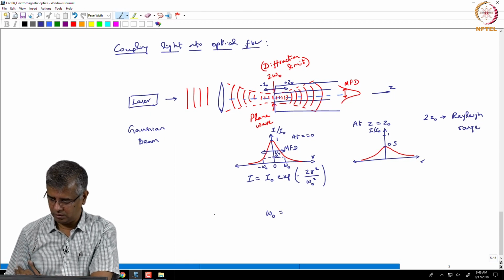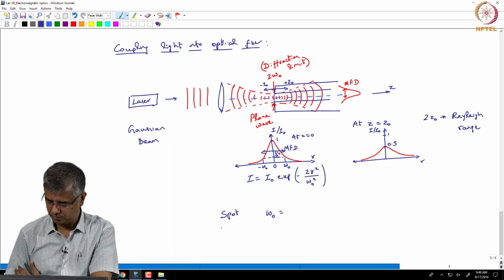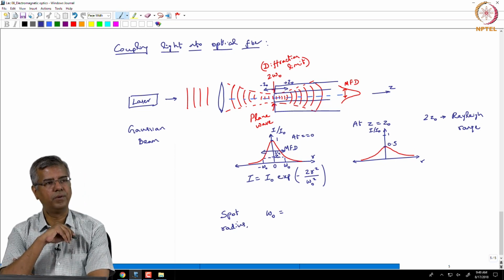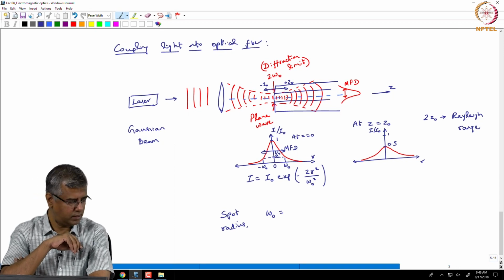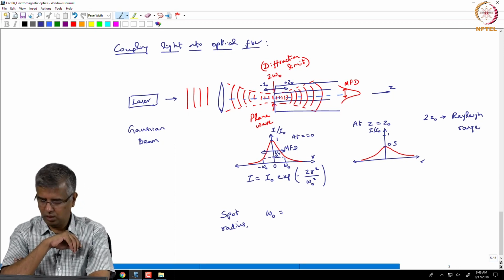If we go back to defining W naught, the spot radius, now that has a dependence on what?